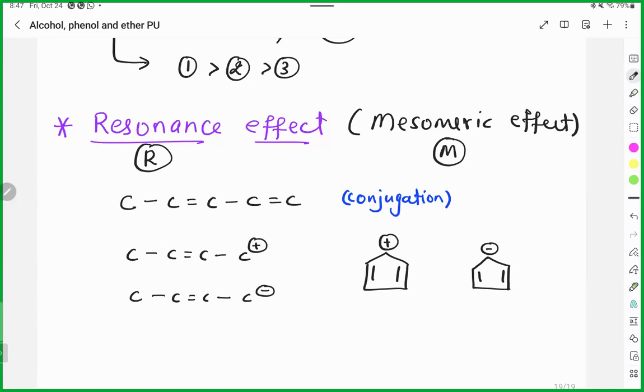Correct? That is a different thing, whether it is aromatic or anti-aromatic, that is a different topic altogether. But at least resonance can happen with alternate single bond, double bond, or with a carbocation or carbanion, right? So this is resonance effect.